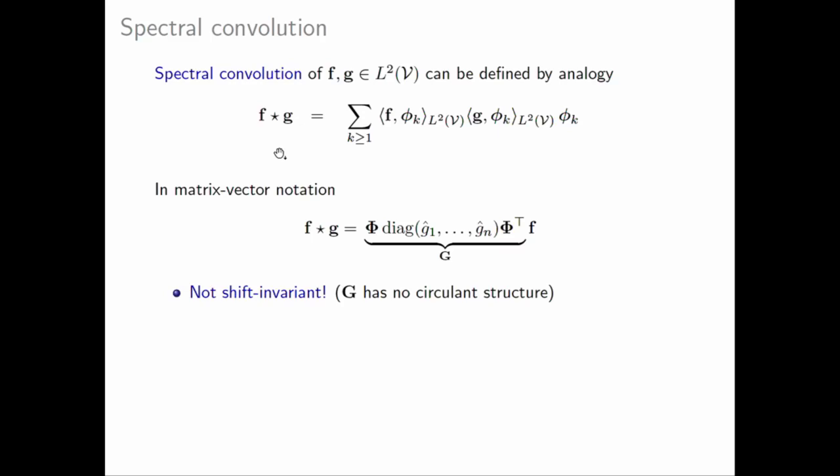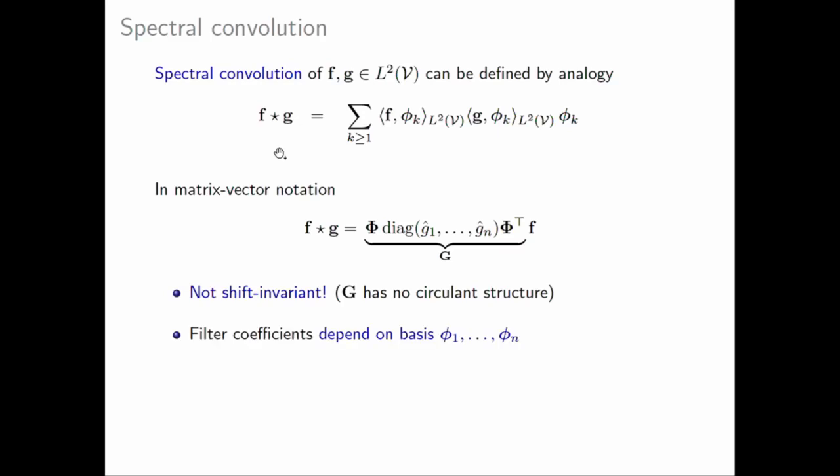And this connects to what I said at the beginning: in a general graph, it doesn't mean anything to translate, because the domain is not the same. It does not have the operation of translation in general. It's only in very specific domains, very specific graphs, that this operation makes sense.